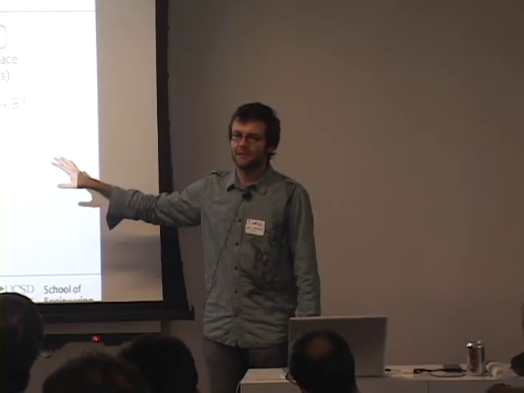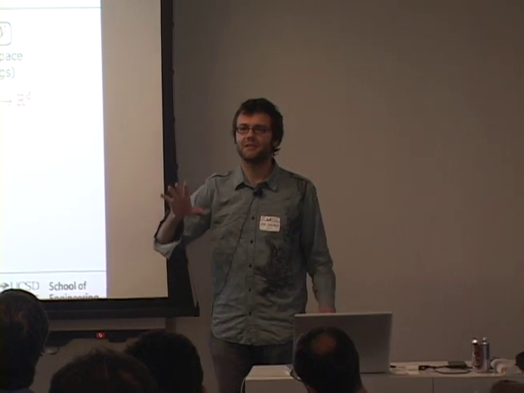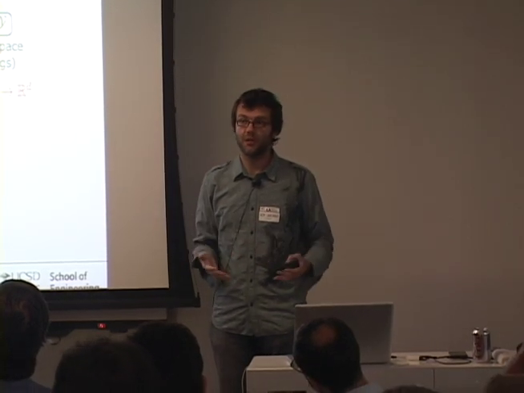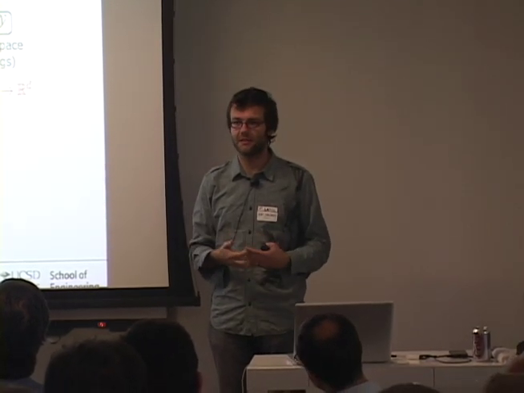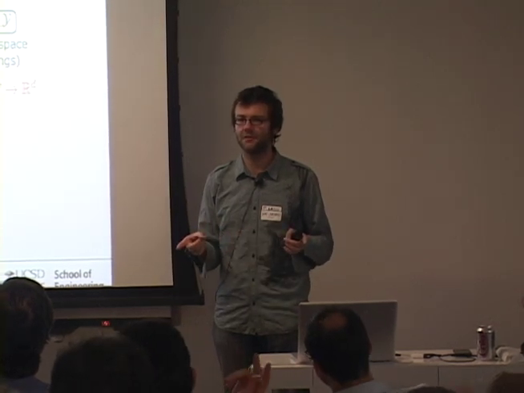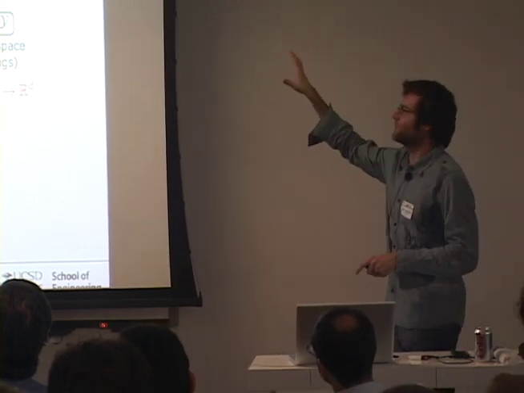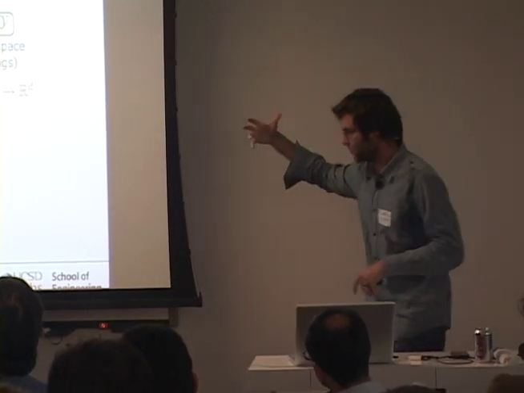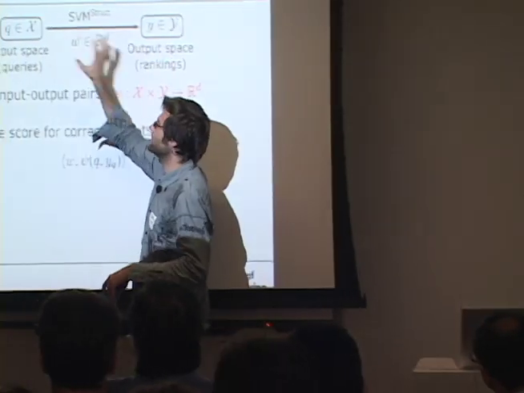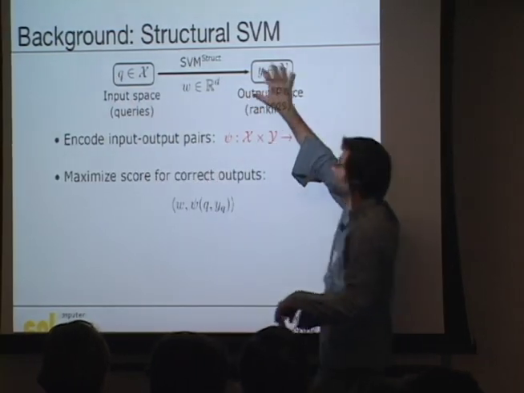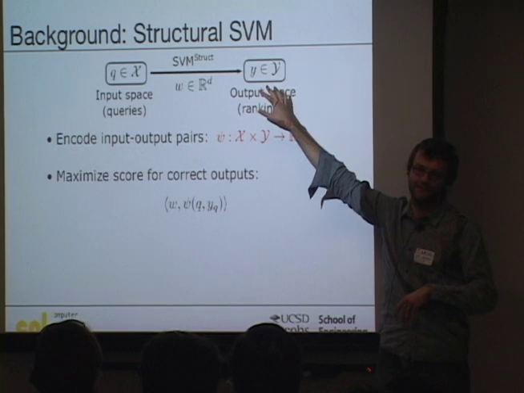Now, SVM, or support vector machine, is a fairly well-known, or very well-known, in fact, machine learning technique for classification. Now, how many here have heard of support vector machines? Okay, cool. Very good. So what we're doing is using some type of extension of the support vector machine. In a support vector machine, you're given some description of a data item, and you're trying to predict whether it is black or white, right?